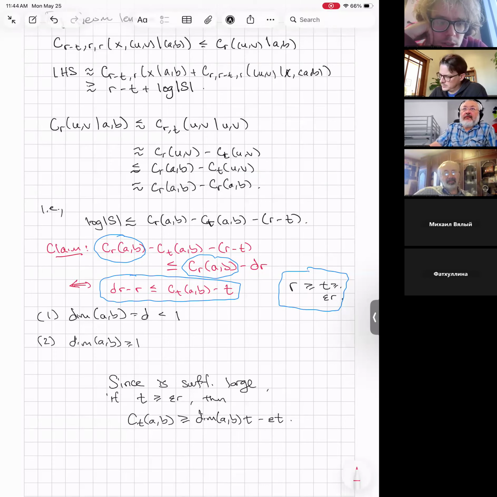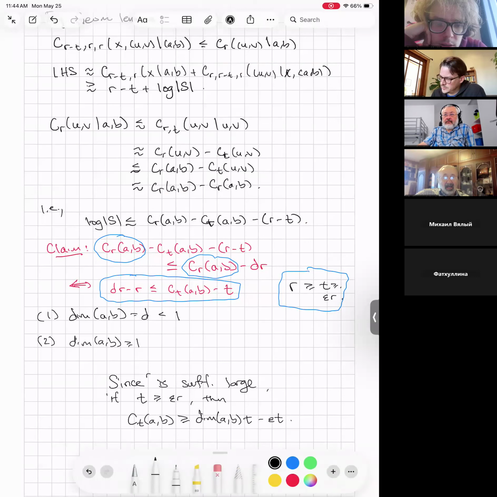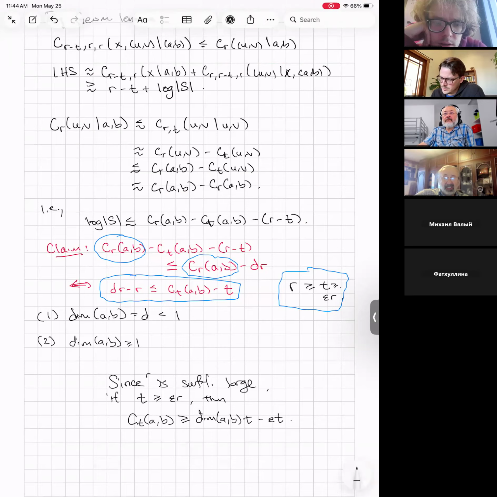In the second case, the left-hand side is zero, the right-hand side is non-negative, so it's trivial, right? In the first case, the left-hand side and the right-hand side are d minus 1 r, d minus 1 t, and r is at least t. So also it's clear, right?